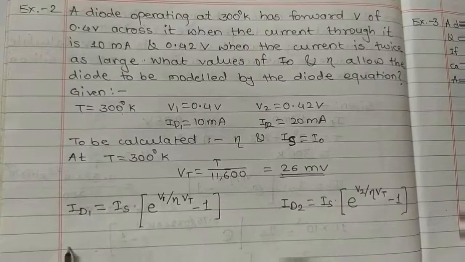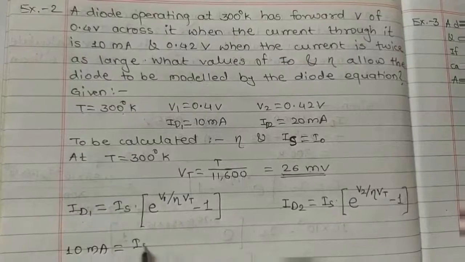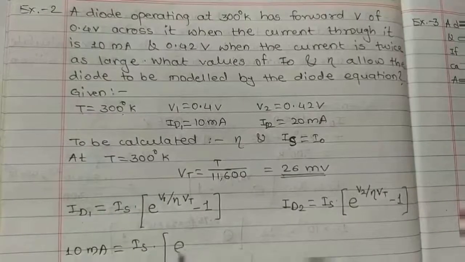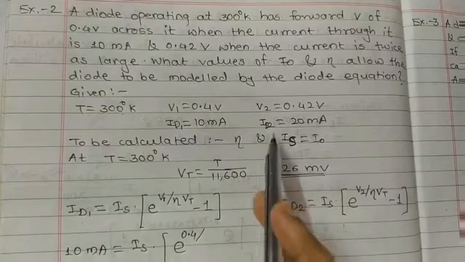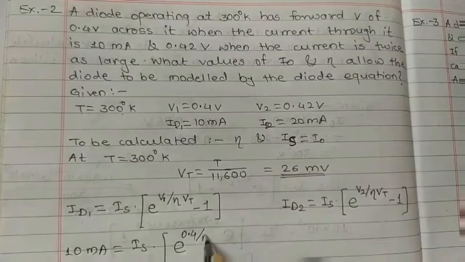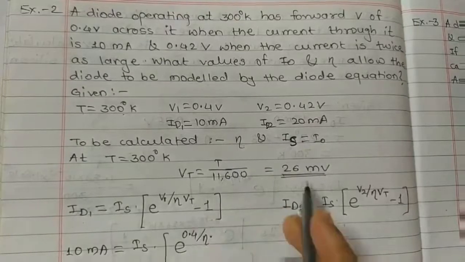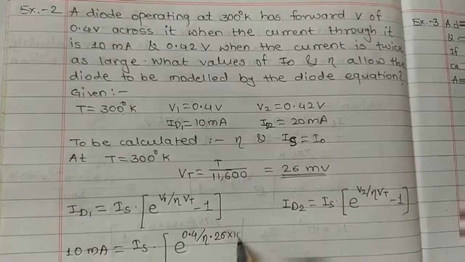So ID1, 10 milliampere, is equal to Is into e raised to V1, which is 0.4 volt, divided by eta, which we have to calculate, so we'll write eta as it is, into Vt, given as 26 millivolt, means 26 into 10 raised to minus 3, minus 1.